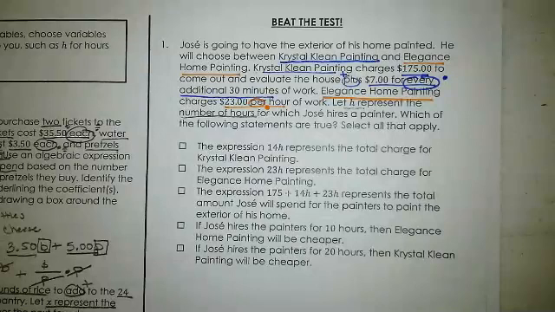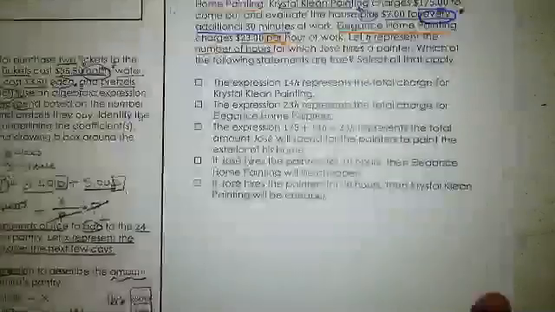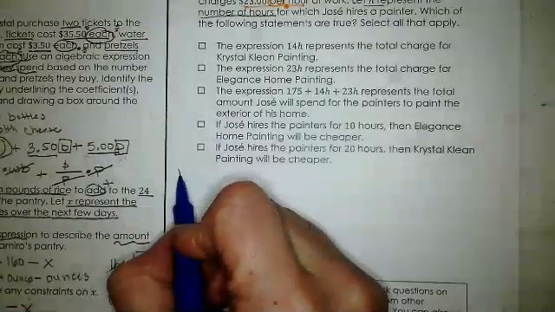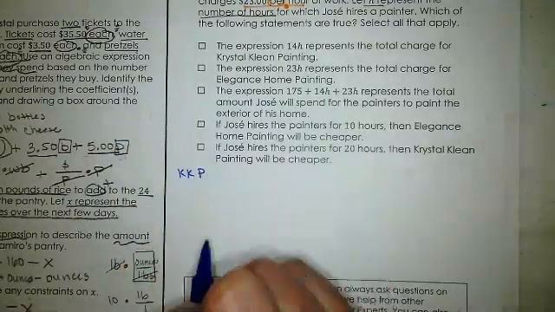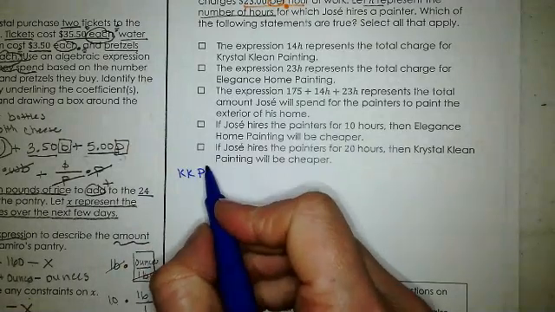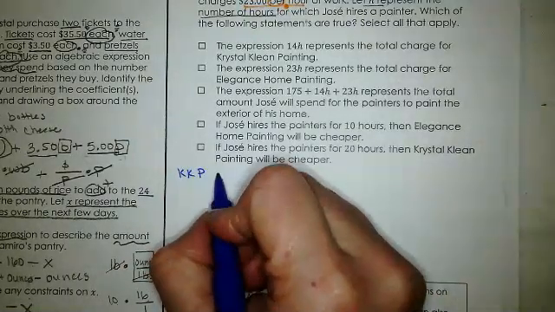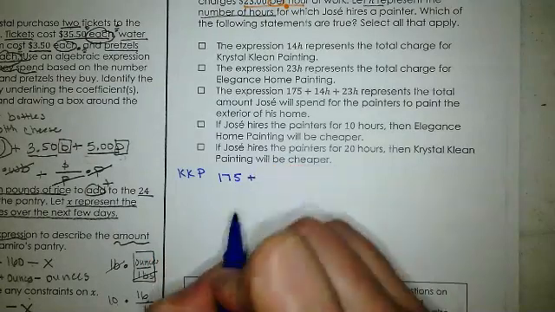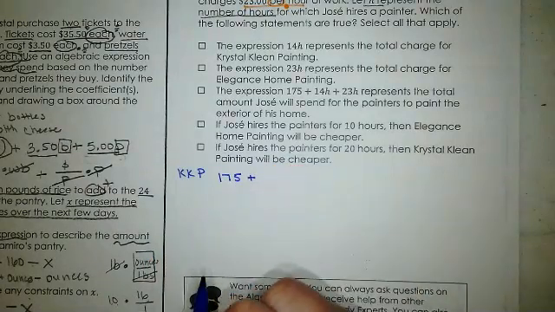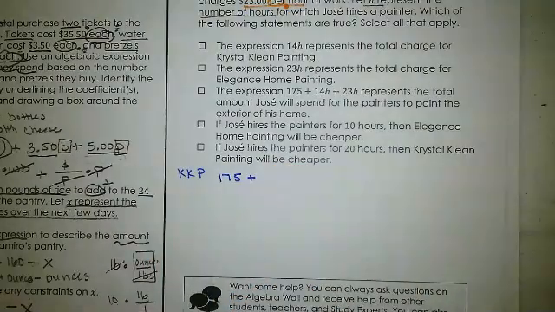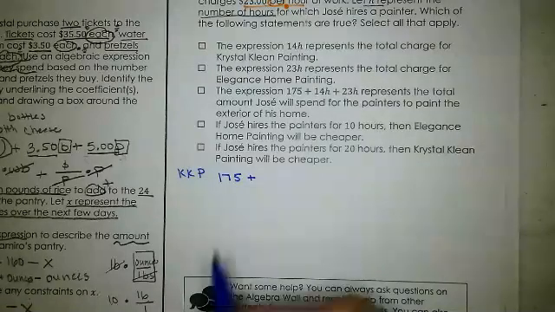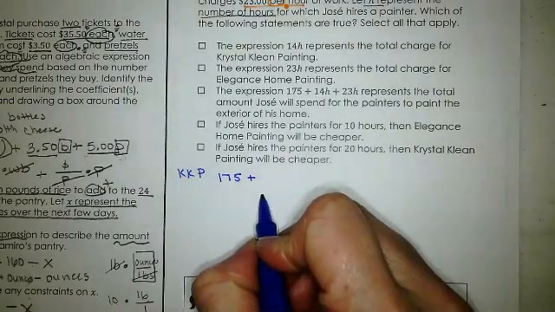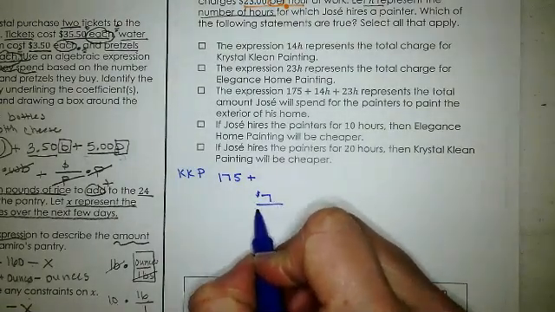So if we try to write an expression for each, we've got Crystal Clean Painting, and they're going to charge $175 plus $7 for every 30 minutes.